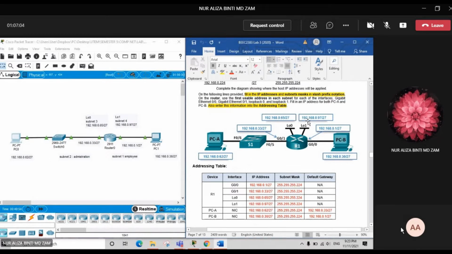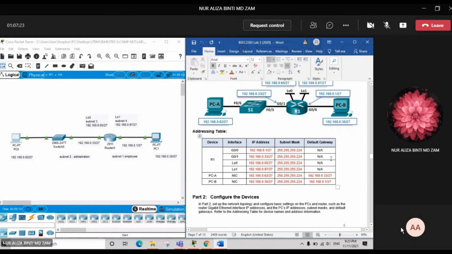And for loopback 1, 192.168.0.97/27. And for the G0/0, 192.168.0.1/27. For the PCB, 192.168.0.30/27. Okay, this is the addressing table for this figure.